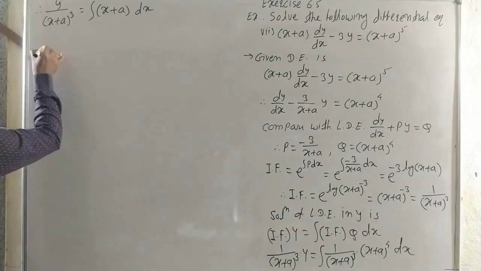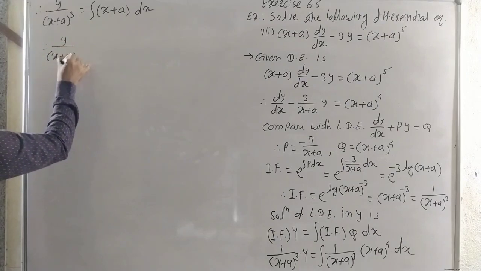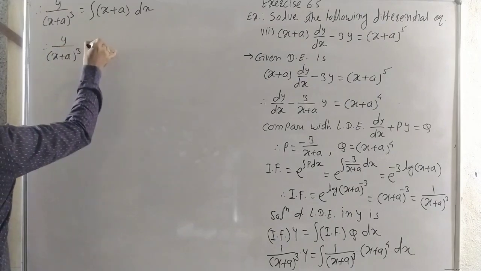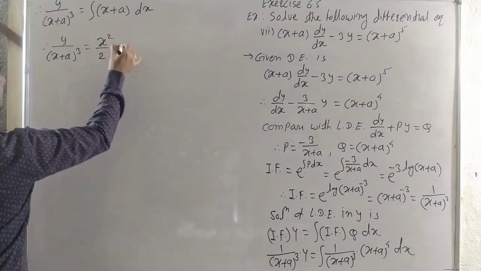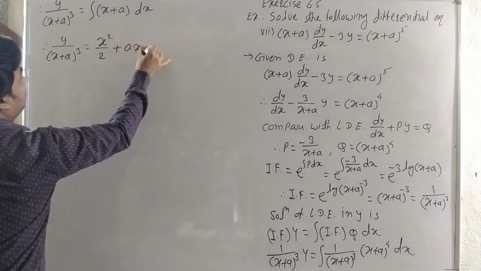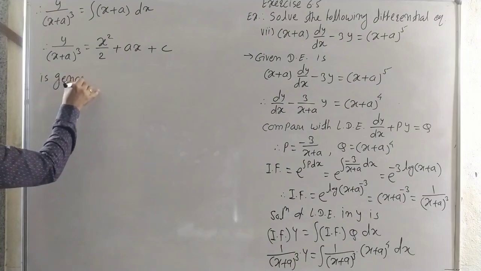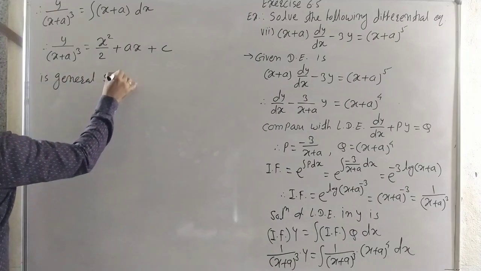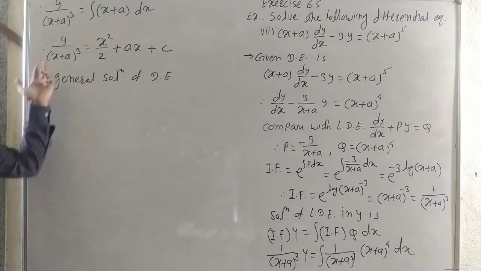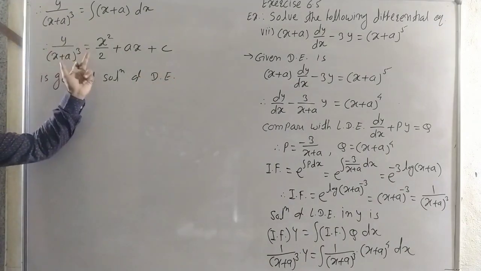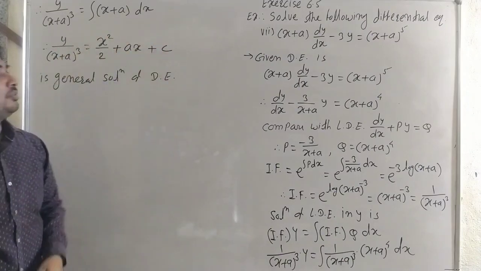Now integrate this: y/(x + a)^3 = the integral of x, which is x^2/2, plus the integral of a, which is ax, plus c. Here is the general solution of the given differential equation: y/(x + a)^3 = x^2/2 + ax + c.